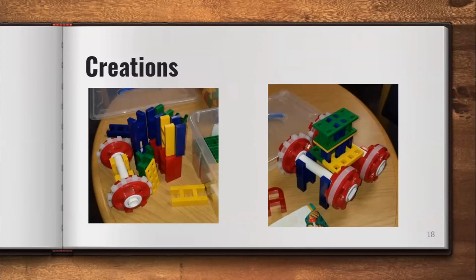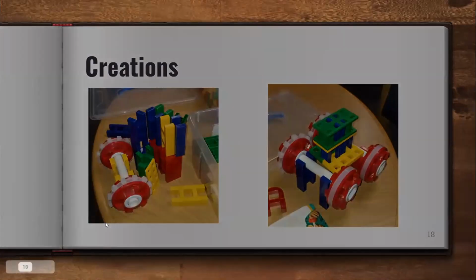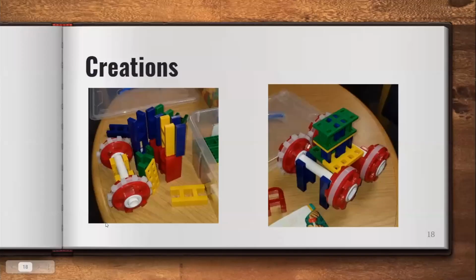This design right here is a great example of a before the test and after the test. Right here on the left, this was the child's first design. I don't think they understood what the purpose of our time was. So when they showed it to everybody, they were kind of like, I wasn't done yet.